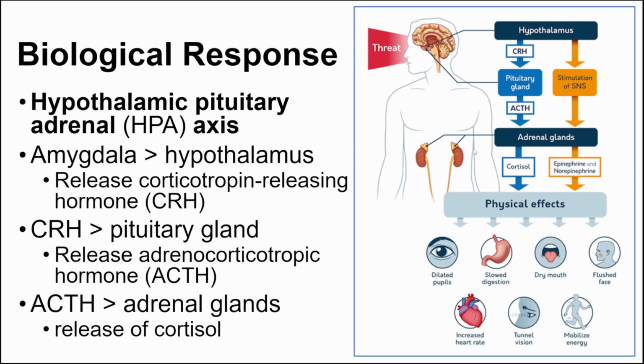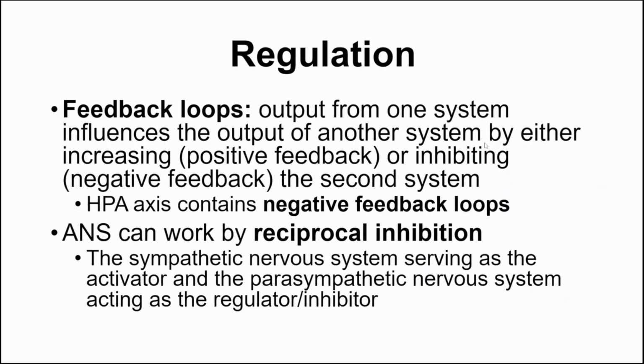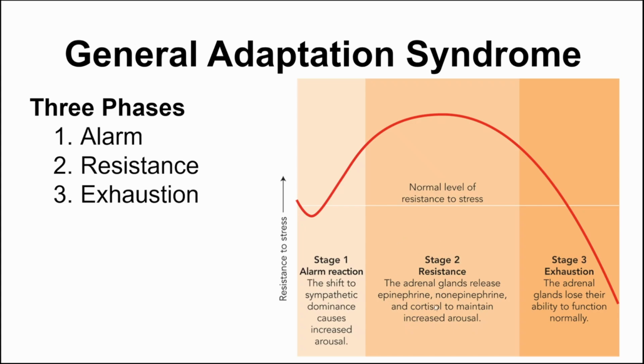We start seeing our hormones being released by those adrenal glands, and we're getting that increased arousal, which again is just an internal state. We have heightened levels of energy because we are ready to face this stress. And so we have this increased resistance to stress because our bodies are working to help us face this stressor. So our coping skills are enhanced.